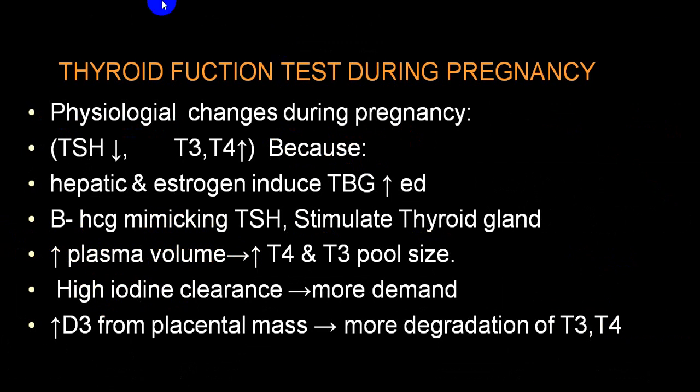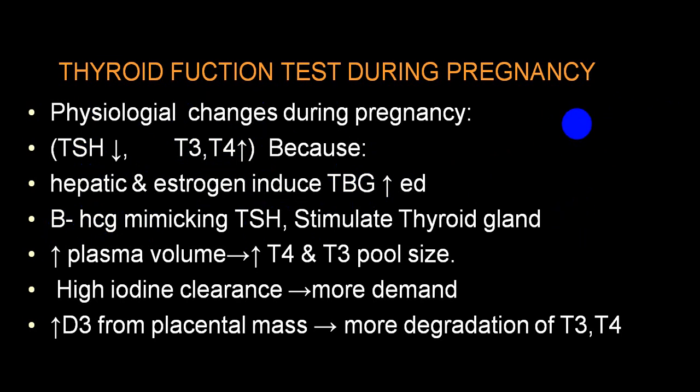This is what you should do during pregnancy. Usually in pregnancy you come across hypothyroidism, very common. Hyper is very rare. So if TSH level is low and T3 and T4 levels are high, very commonly it may be because of estrogen induced or hepatic induced thyroid binding globulin which is high, or human chorionic gonadotropin producing hyperthyroidism symptoms and signs.